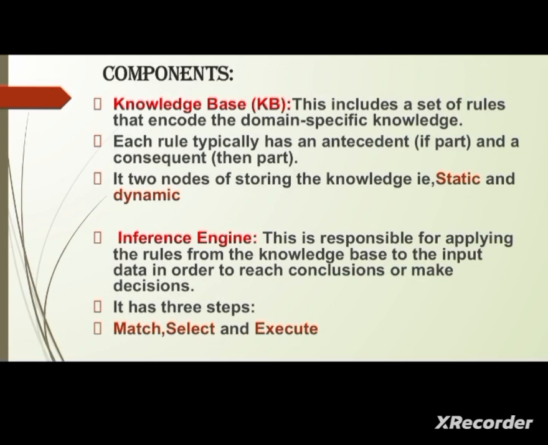Then execute. In the execute step, the selected best rule is executed. We have so many best rules. Among those, we take the optimal best rule for execution. Then in this inference engine, there are backward chaining and forward chaining.